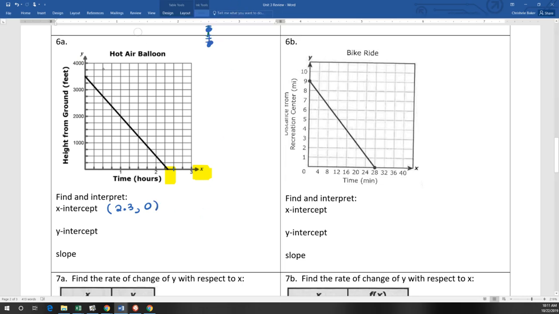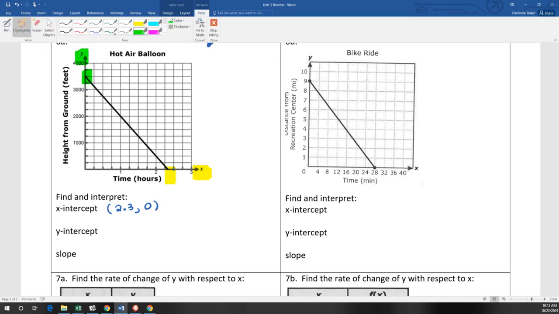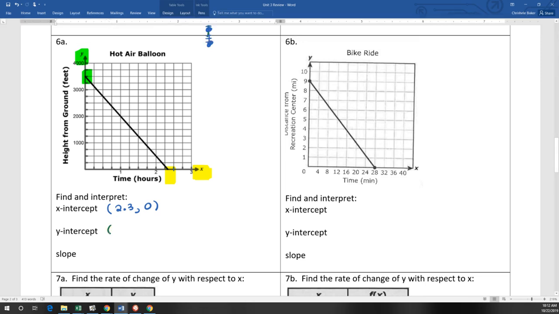And my y-intercept is where I cross the y-axis. And that looks like 1,000, 2,000, 3,000, 3,500. Okay, the interpretations will be in the next video.